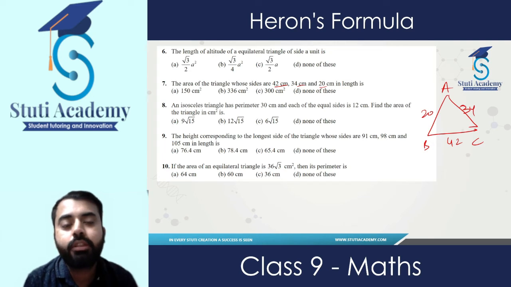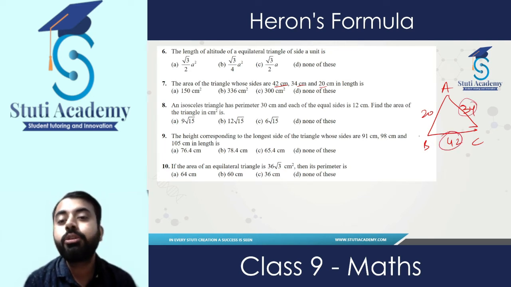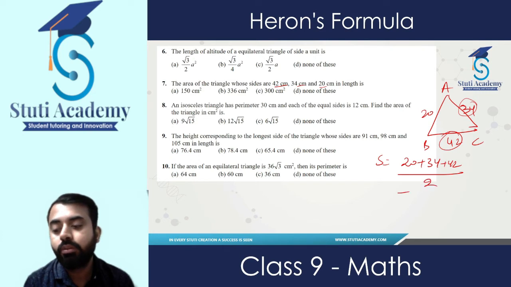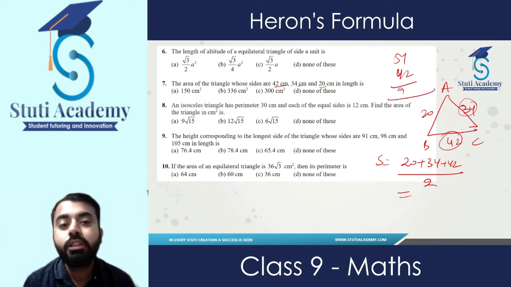So it will be lengthy to calculate 34 square and 42 square. What I'm going to do is just find out my S, which is 20 plus 34 plus 42 divided by 2. Solving this, 20 plus 34 is what? 54. 54 plus 42 is what? 96. 96 by 2 is what? 48.